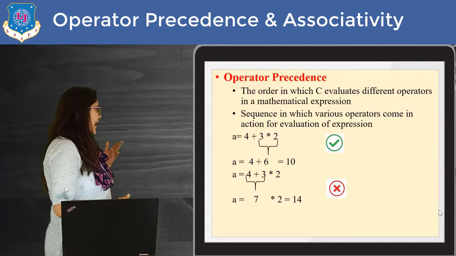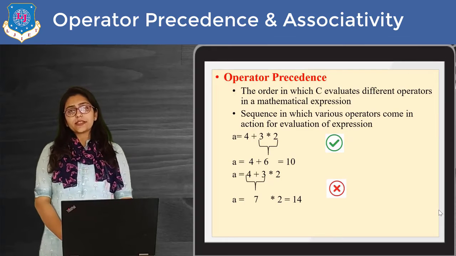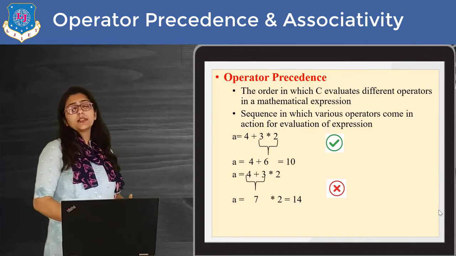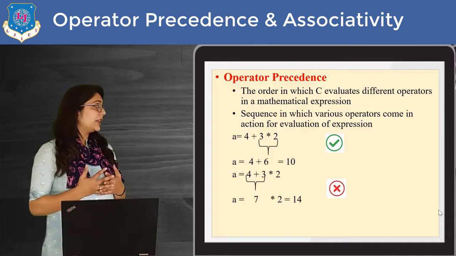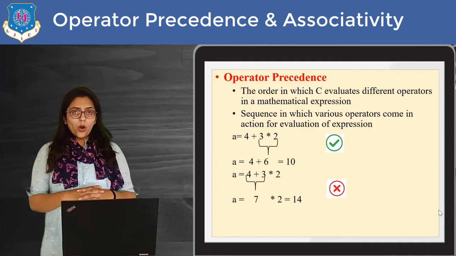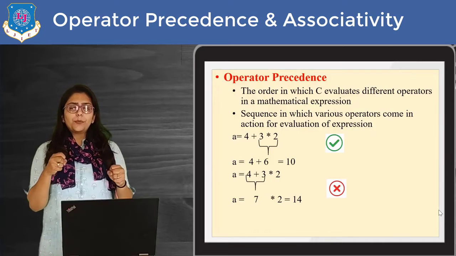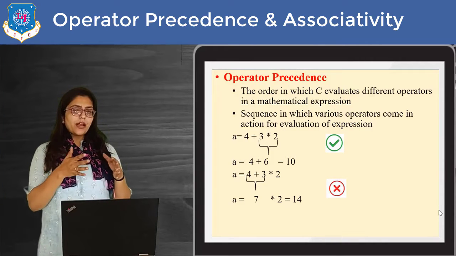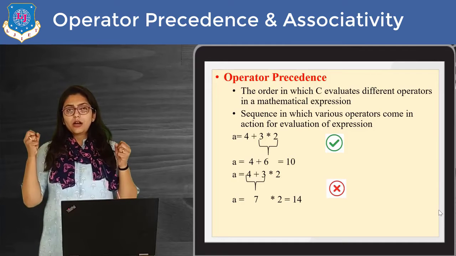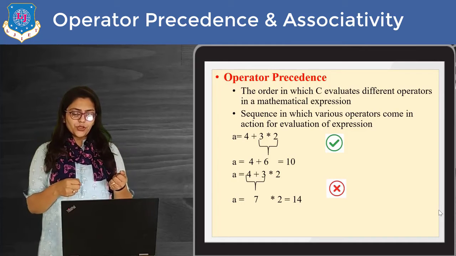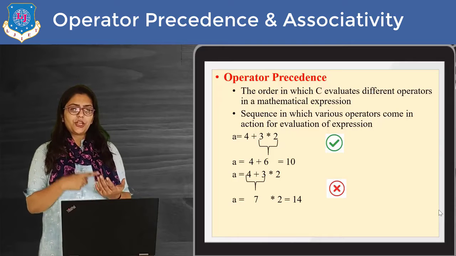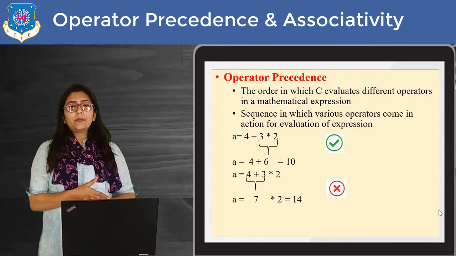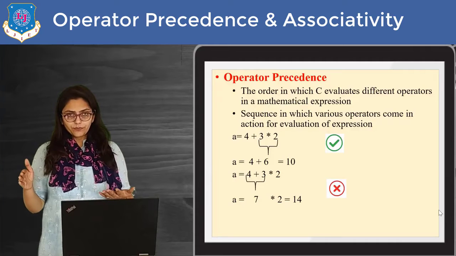Now we are going to cover the next topic, that is operator precedence and associativity. What exactly is operator precedence and associativity? First, operator precedence. I hope you all remember the mathematics in which, if we have four kinds of operations at the same time in an expression, that is division, multiplication, subtraction and addition, it will not be evaluated directly.